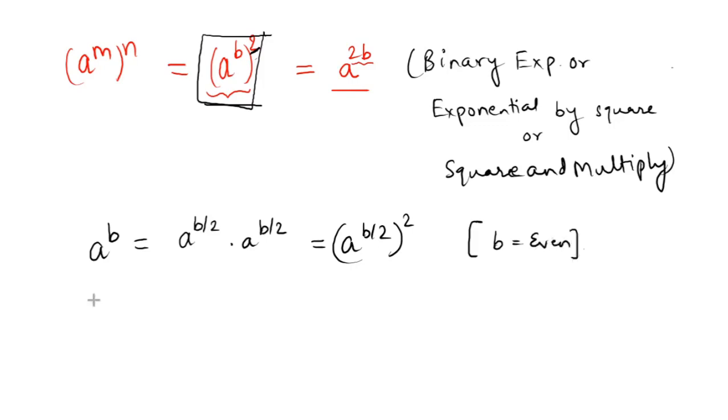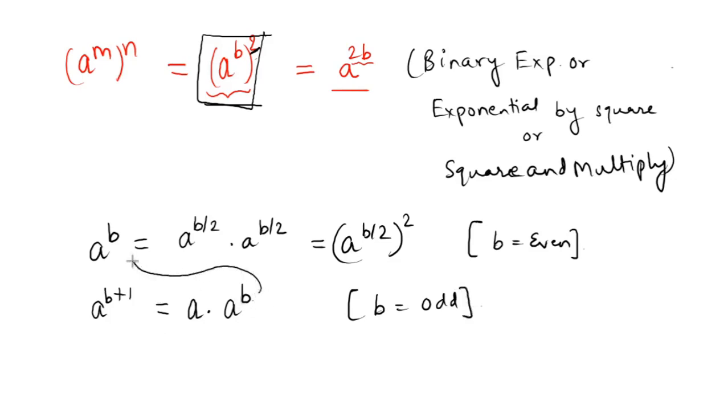What would be the case if the exponent was an odd number? Let's say this is the form. For that, we can represent it like this for the odd number, and this can be calculated by taking help of this function.